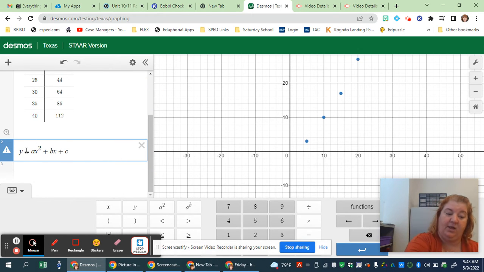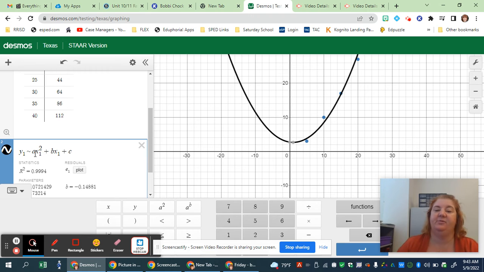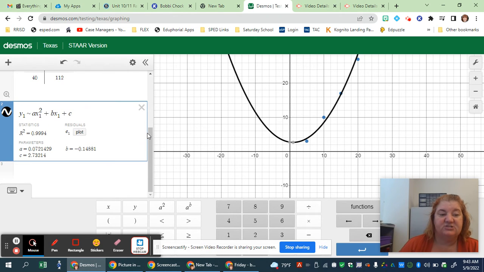So I'm going to say y1, and all the x's need to be x1. So it knows to look at that. Oh, I know what the problem is. I have to say tilde. If it's still not working, I remember to put tilde. There it is.